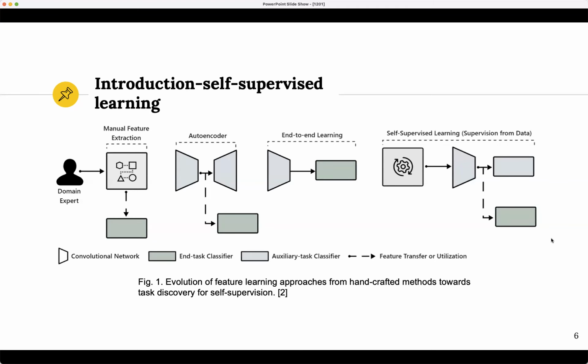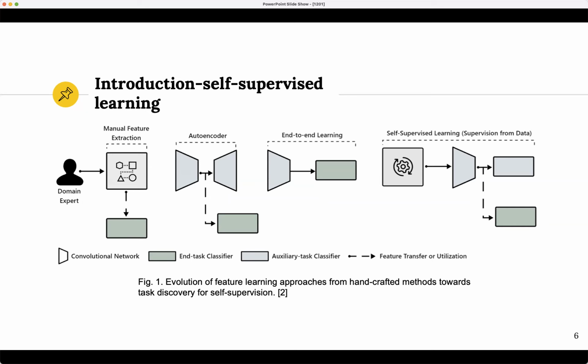Here I give you a figure to show the evolution of feature learning approaches from handcrafted measures towards task discovery for self-supervision. Manual feature extraction requires domain-specific knowledge.